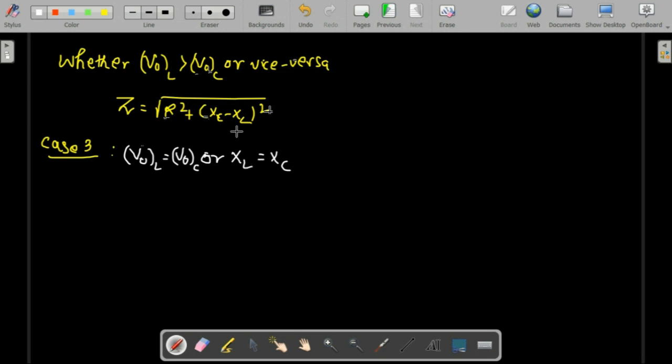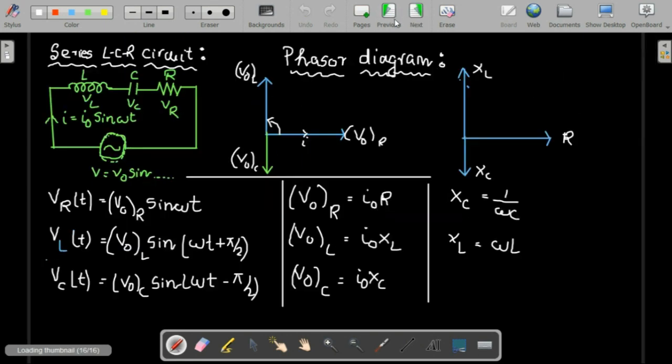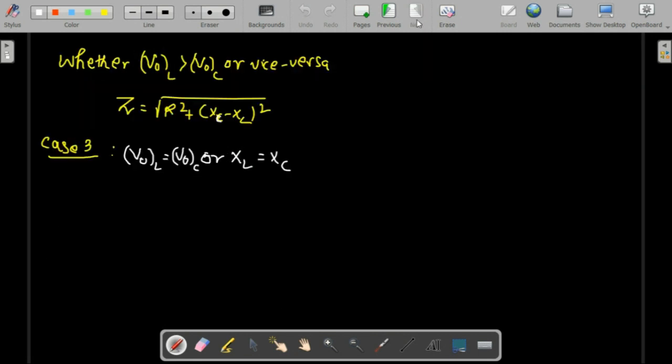Now, if XL is equal to XC, we're really not going to do any kind of calculation here. We can just simply see that XL and XC are equal. Both of these vectors are going to cancel out each other, right? So that means the circuit will be more or less a resistive circuit.